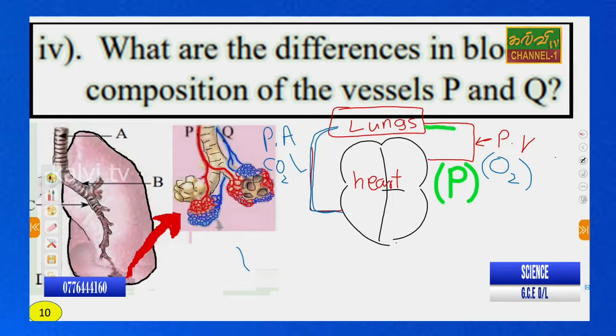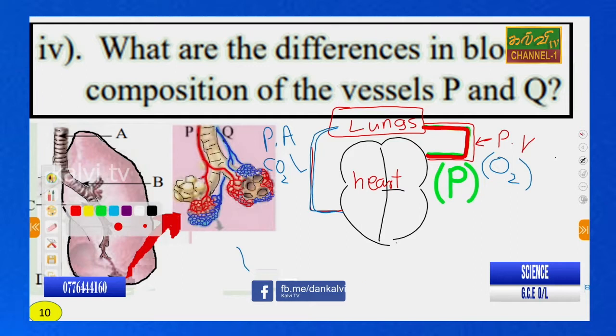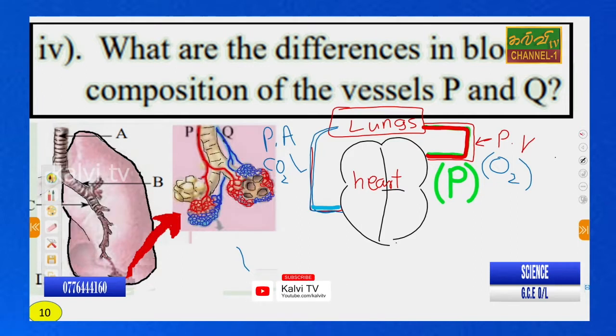What is this line? The other one, they have mentioned in red color. The blue color, they have mentioned as Q. This is Q.